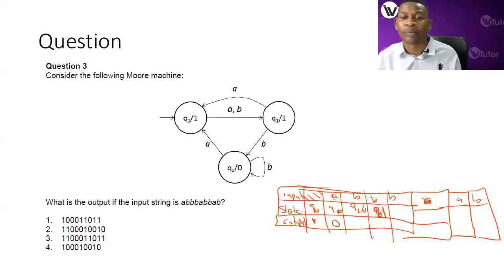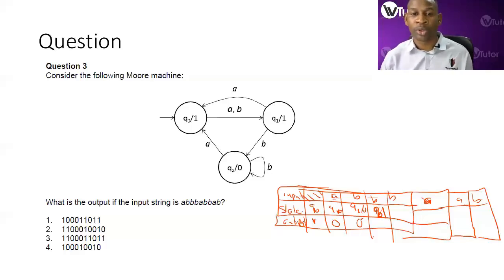Throwing a B. Right, so with Q0, it gave us Q1. Q1 gave us Q2. Q2 gave us Q3. Within A, Q2 gives us 0. If you are in Q3 and you encounter B, you stay in Q2.